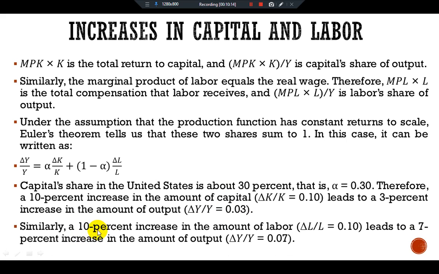Similarly, a 10% increase in the amount of labor, delta L over L equal to 0.10, leads to a 7% increase in the amount of output, that is delta Y over Y is equal to 0.07.